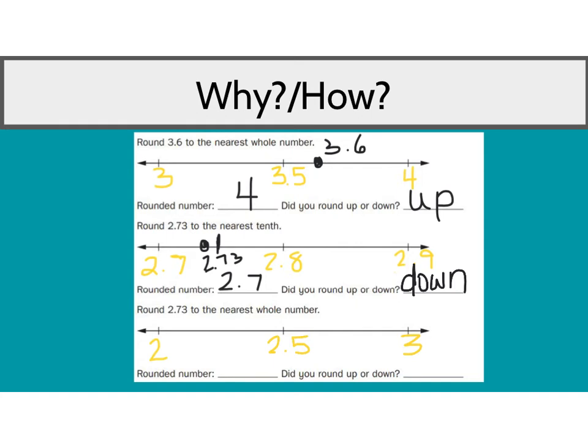Okay, so 2 and 73 hundredths. Well, we know it's going to be past that half mark. And halfway between 2 and 5/10 and 3 is going to be about what?